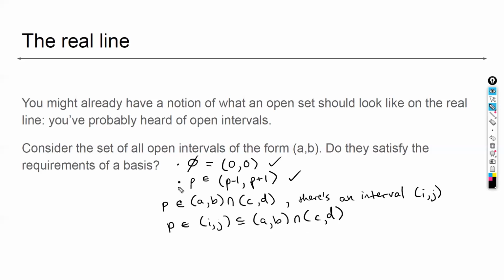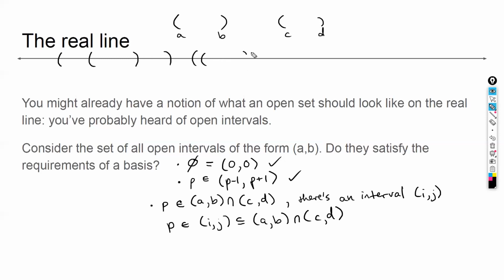Okay, so how do I check this? Well, really all I need to do is think about what this intersection looks like. I claim that there are actually only 4 possibilities. Actually 5, sorry. There are 5 possibilities. The first possibility is that (a, b) and (c, d) don't intersect at all. Then there's no points to check, so this is vacuously true.